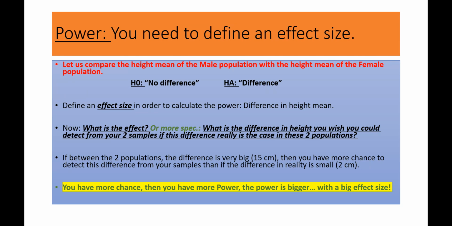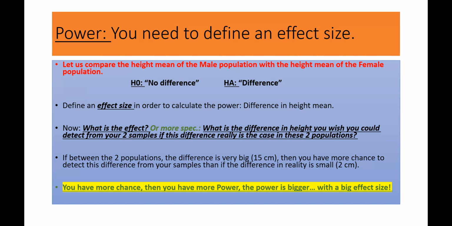And that's why in computing power, it all depends on the effect size you need to decide, basically. You can cheat and have a very good power if you put an effect size of 30 centimeters, because if there was indeed a difference of 30 centimeters between men and women, you would just take 3 women, 3 men, and you would start to detect that difference if such a difference existed.